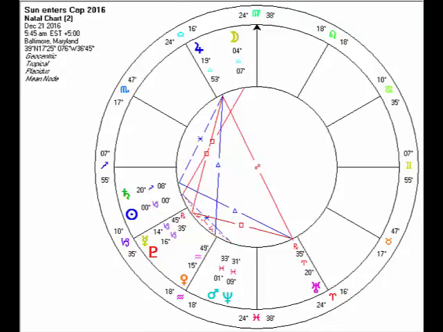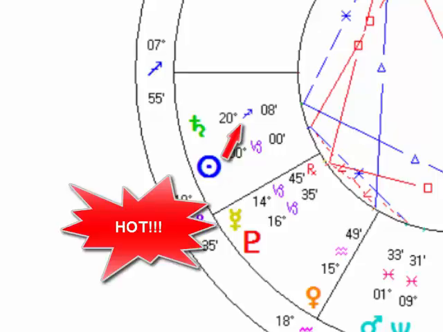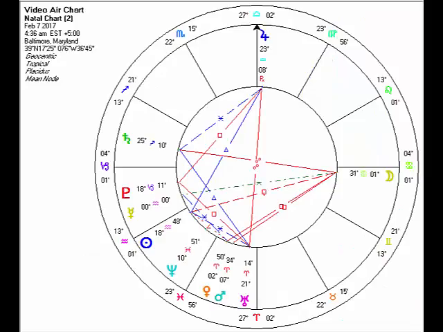This is our temperature chart, which is owned by the Sun. It is located in Capricorn. The ruler of Capricorn is Saturn. Saturn is located in Sagittarius, which is a hot sign. This is our air movement chart, which is owned by Mercury.